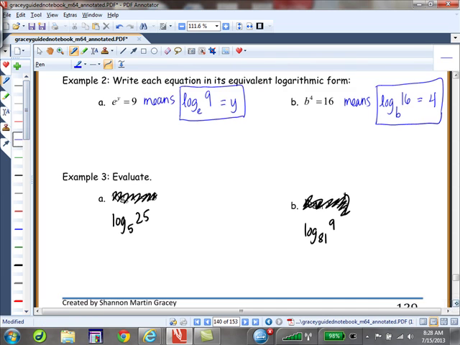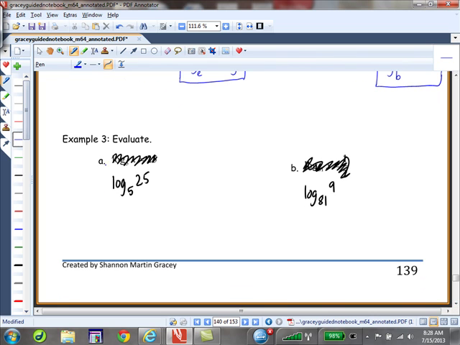Now, you can change these to exponential form, but let's look at another way to think about them. Literally, this means the power to which we raise 5 to get 25 is blank. What's the blank? Good, 2. So this is equal to 2.